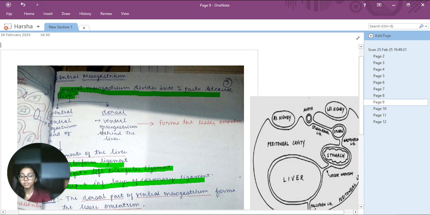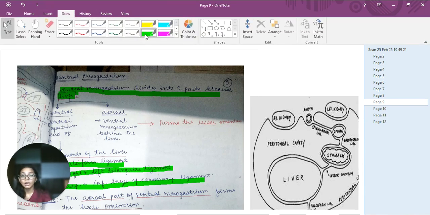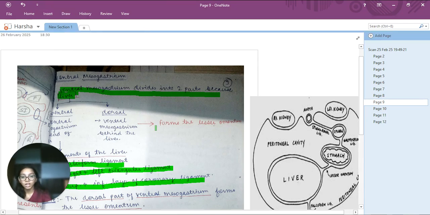Dorsal ventral mesogastrium: since it is present behind the liver and in front of the stomach, what will it form? It will form the lesser omentum. So the dorsal ventral mesogastrium forms the lesser omentum. Important point.